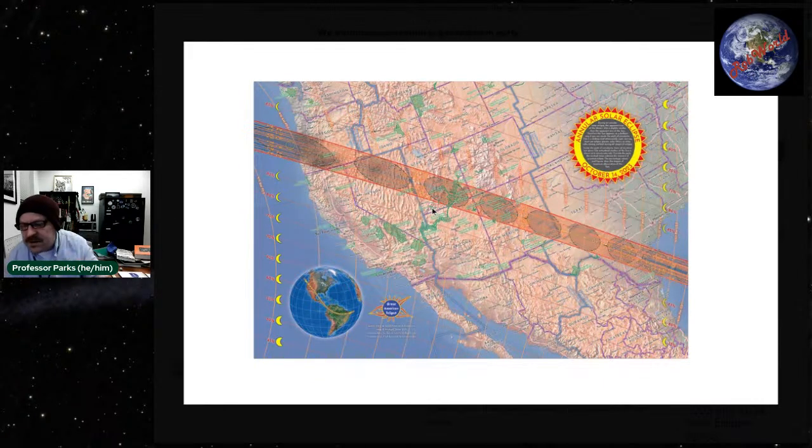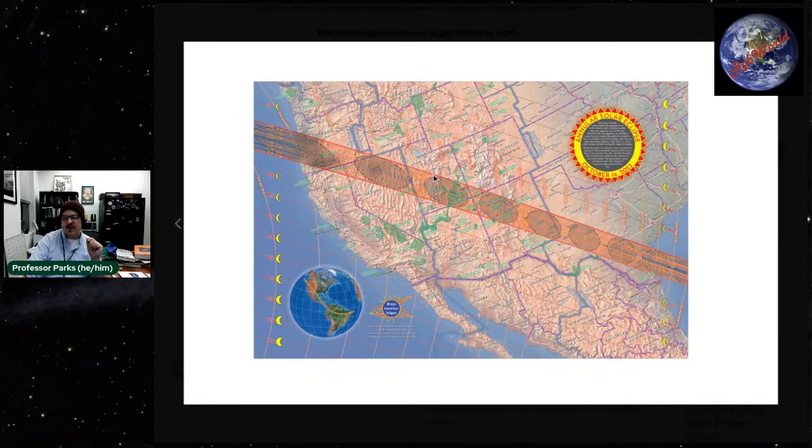Now, if I can read this correctly, yes. The time of annularity, the time that the moon is in a position where it blocks out most of the light and you have this nice ring that you can see, is approximately 4.5 minutes if you're dead center.